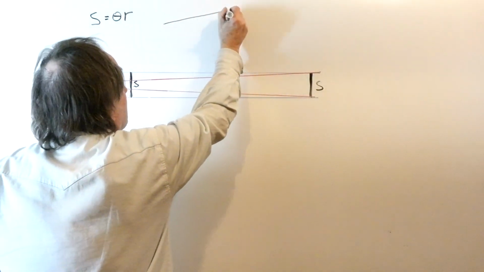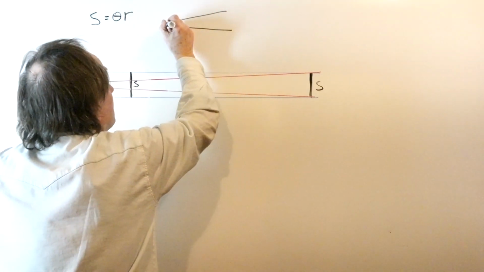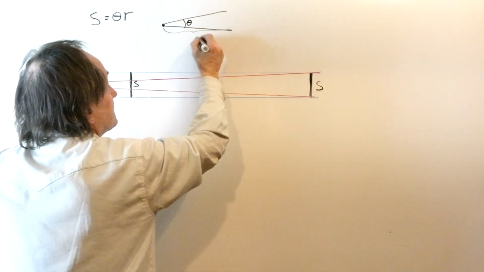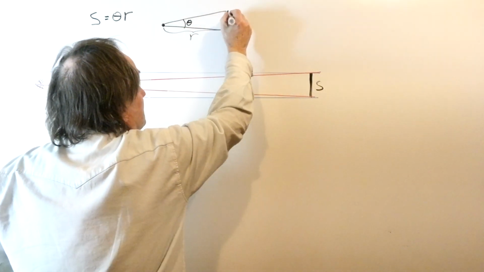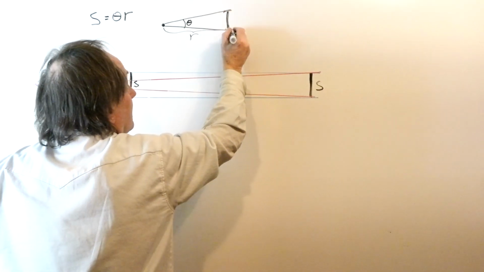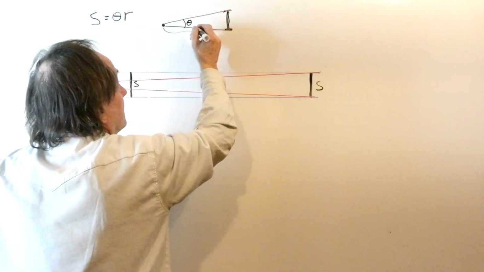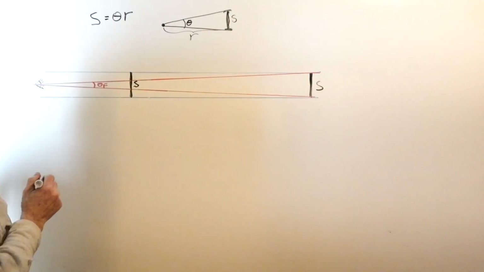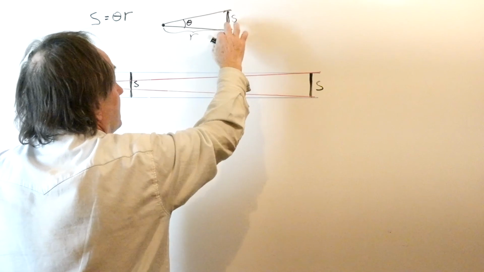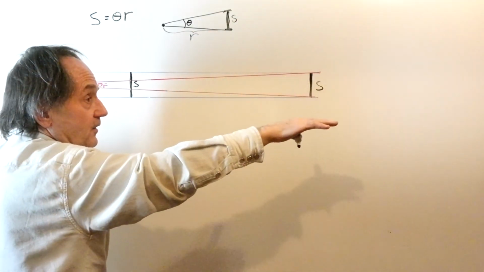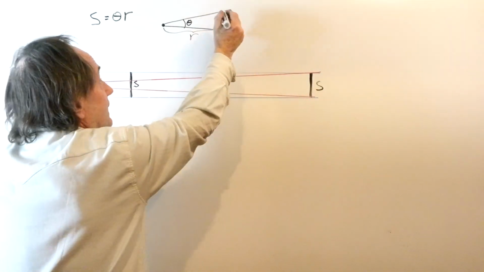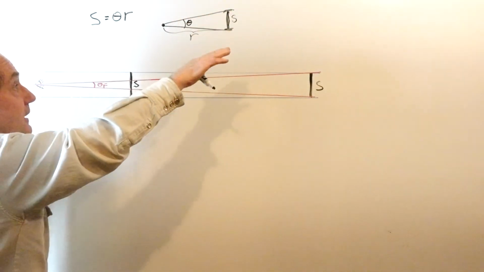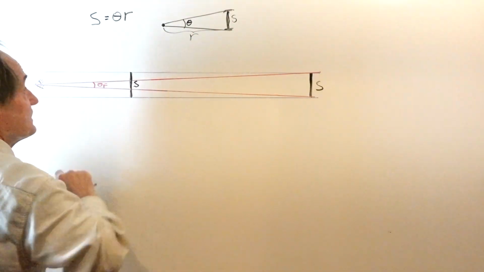If we have the vertex and some angle theta and we go out a distance R, then the size of the arc that's subtended is S. This is a relationship between the three parameters: the angle theta, the angular measure that we sight the top and the bottom of the arc or the object, and the distance out.